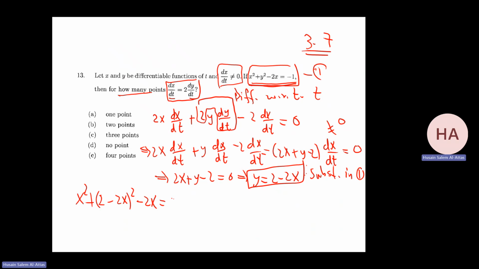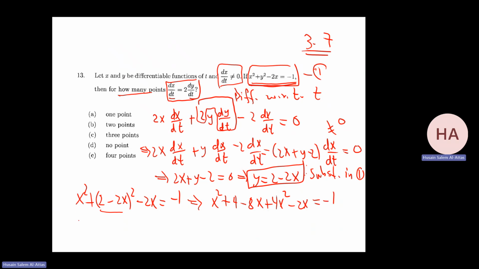That should equal minus 1. I have an equation in one variable. Let me solve for x. So what will I get? I'll get x squared plus, this is a perfect square, so I have 4 minus 8x plus 4x squared minus 2x equals minus 1.